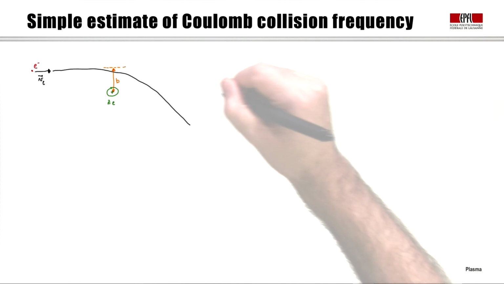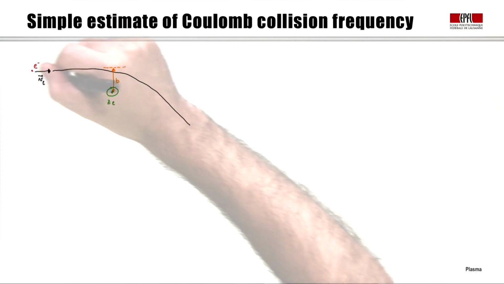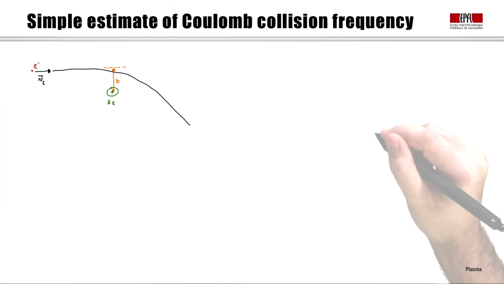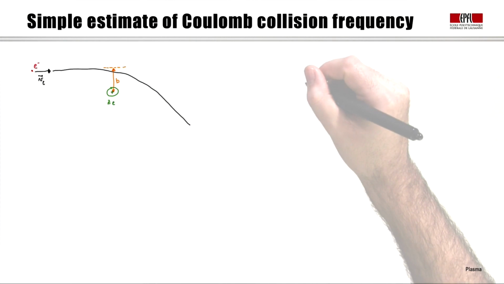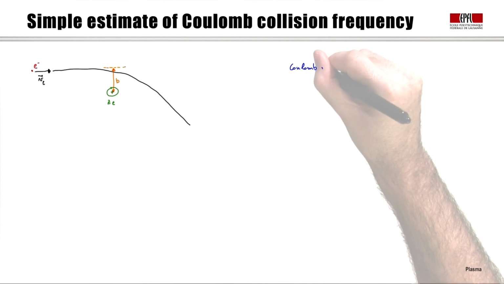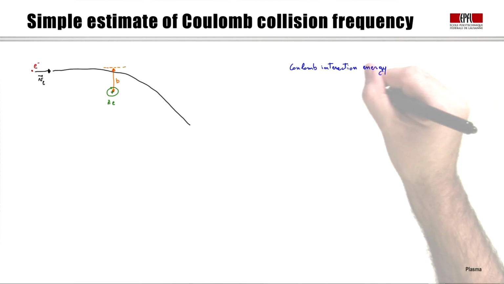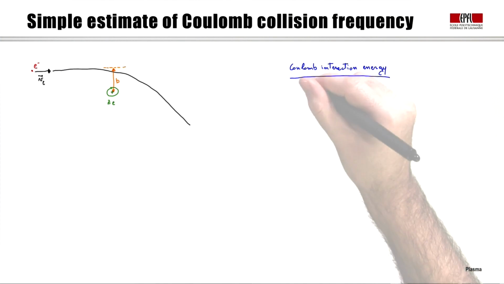Let's try to estimate when the deviation due to this Coulomb force starts to be important. Well, what we have to do is to evaluate the ratio between the Coulomb interaction energy and the kinetic energy.